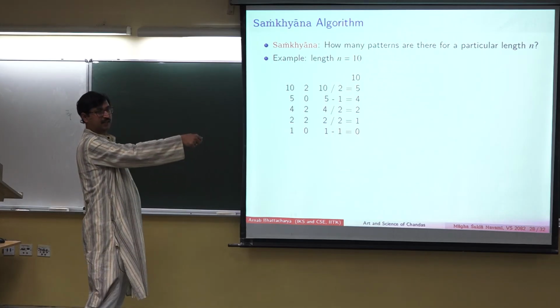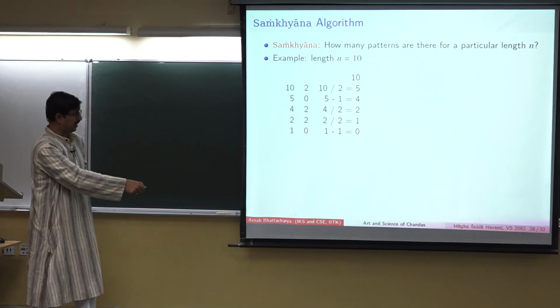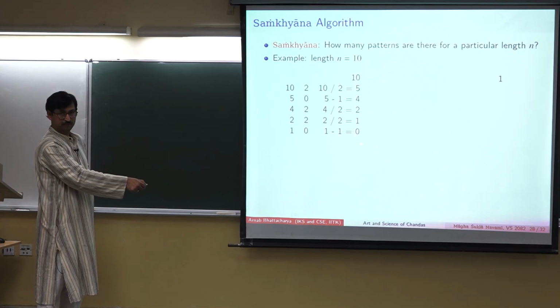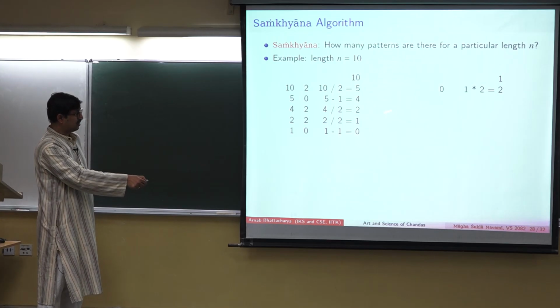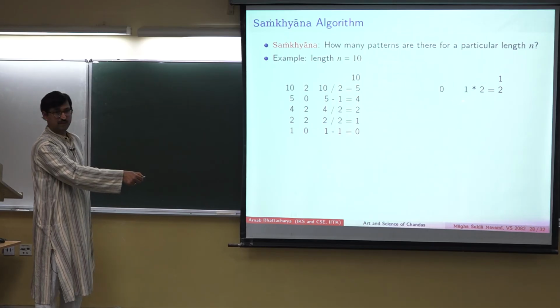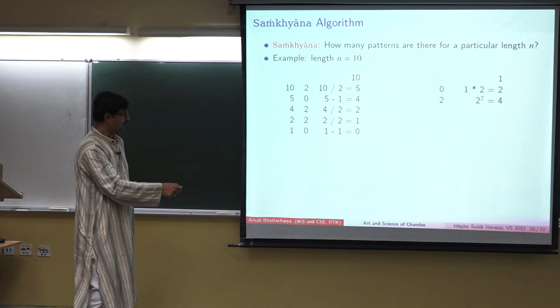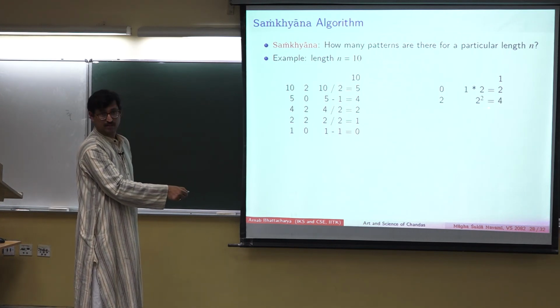Now I proceed in the backward order. What is it? I start with 1. Right? Then what do I do? This is 0. If it is 0, I multiply by 2. I get 2. If it is 2, I square it.